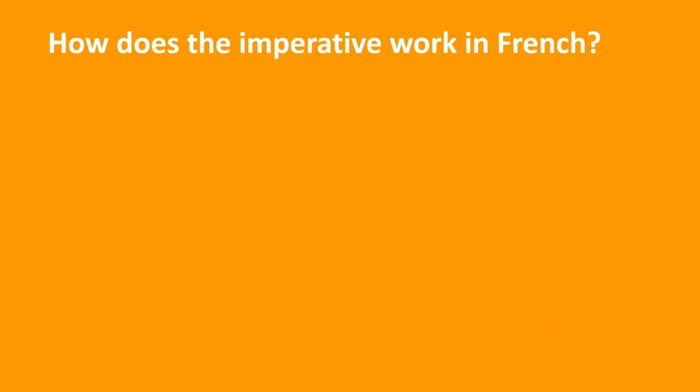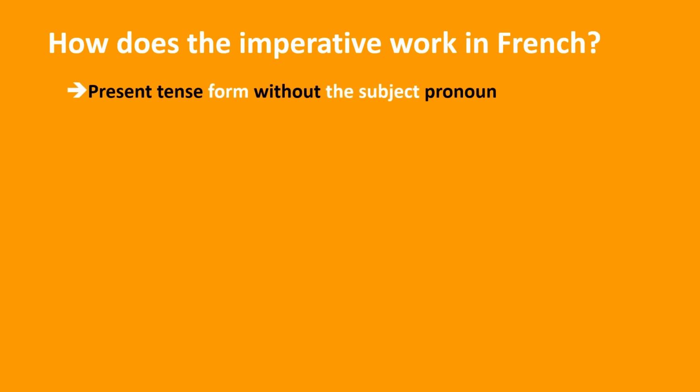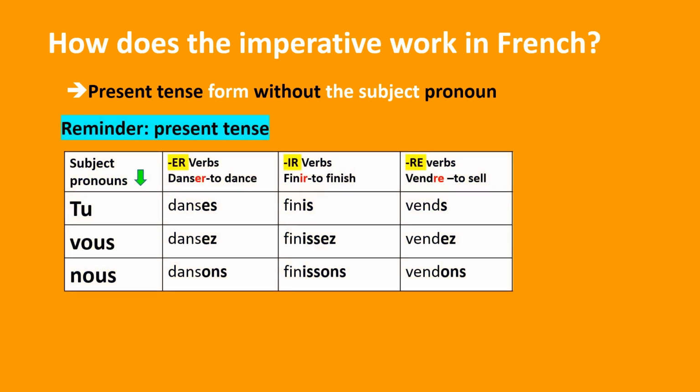The way it works in French is exactly the same as English. You take the present tense and you get rid of the subject. Simple. Just a reminder of the present tense, and we are focusing on these three forms, or three subject pronouns, tu, vous, and nous.